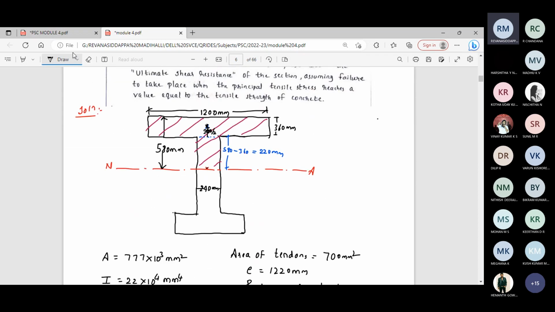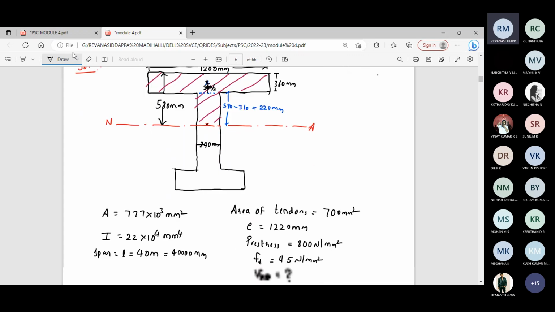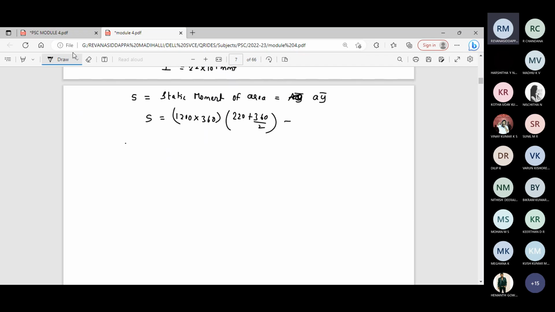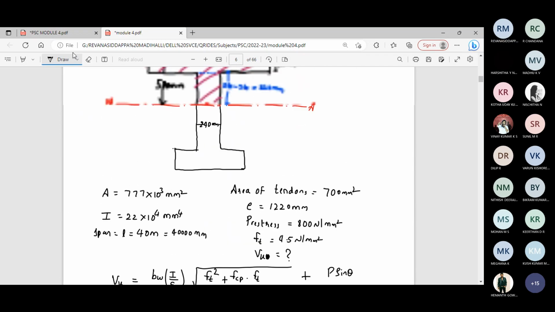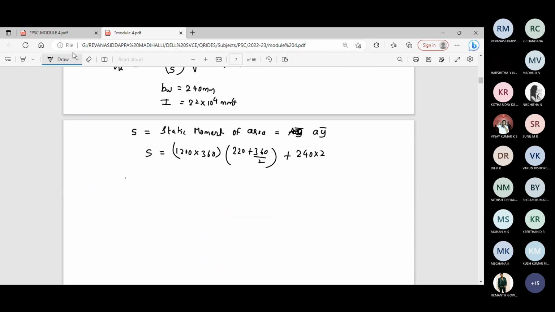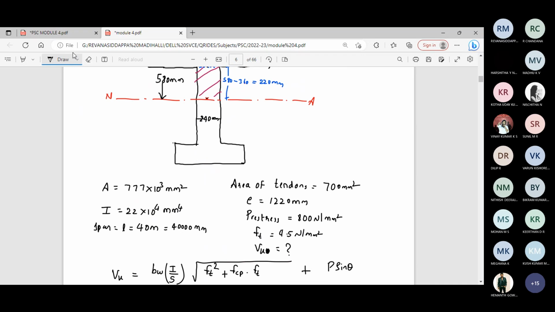Now you calculate the moment of the portion of the web about the neutral axis. The cross section of the web is 240 by 220. Area plus 240 into 220, into the distance of the center of the portion of web from the neutral axis. It will be 220 by 2.